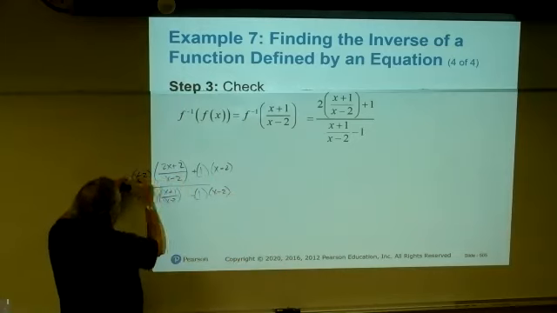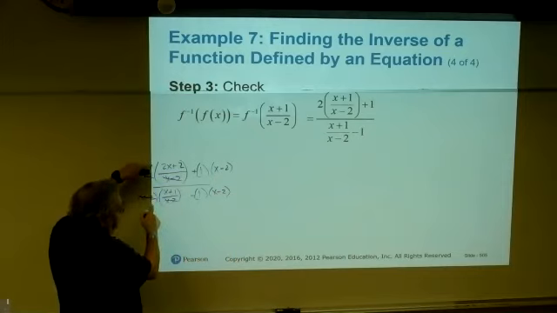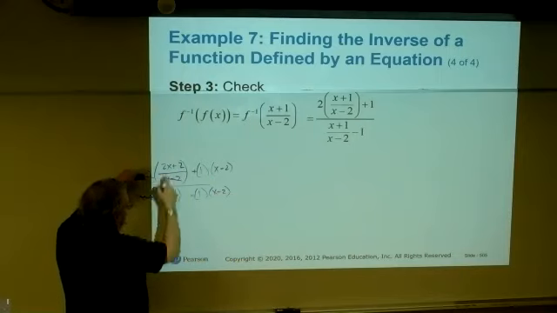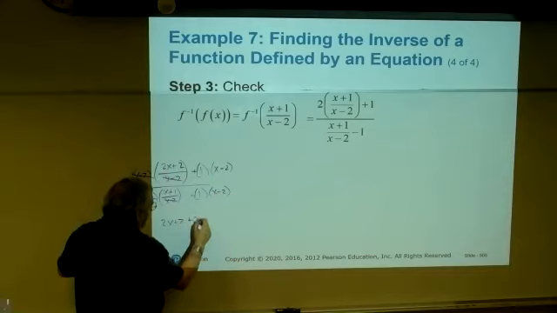So the reason we do that is so the denominators in the fractions disappear. So my numerator up here is 2x plus 2 plus x minus 2.